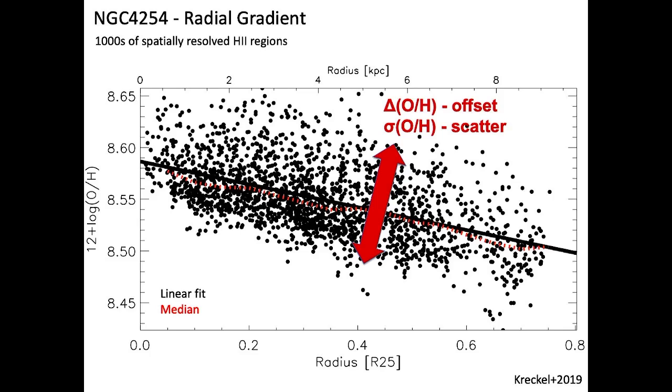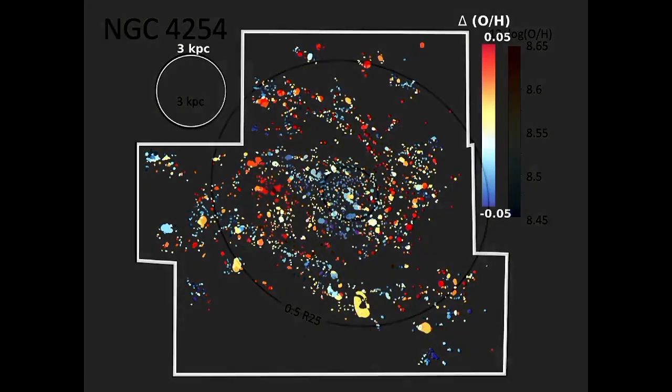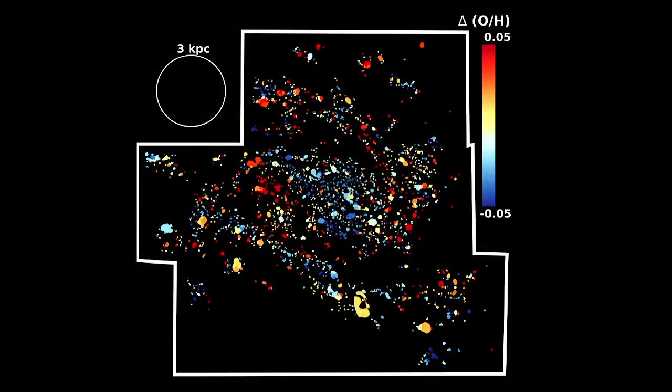So if I go back to this picture of our map of the metallicity distributions, and I fit and subtract off just a linear radial metallicity gradient, then you can see the residuals. So you're seeing the variations in abundances mapped across the disk. And your eye is drawn, of course, to a number of patterns in here.